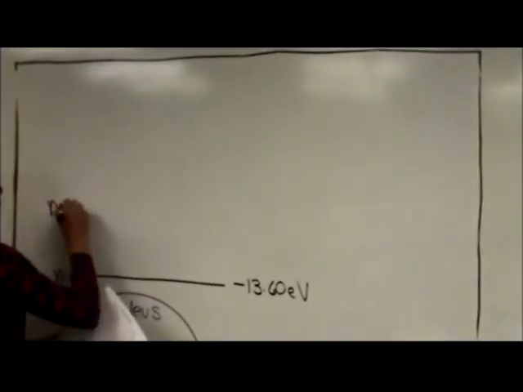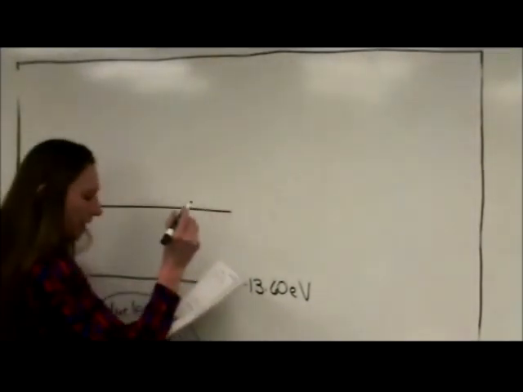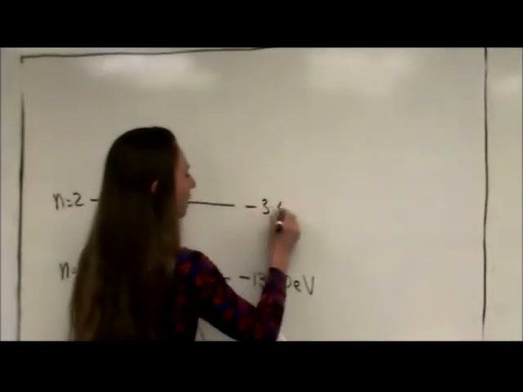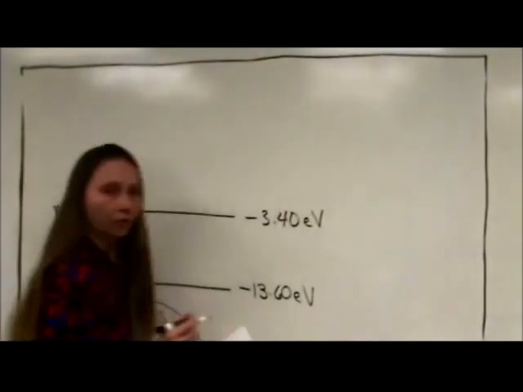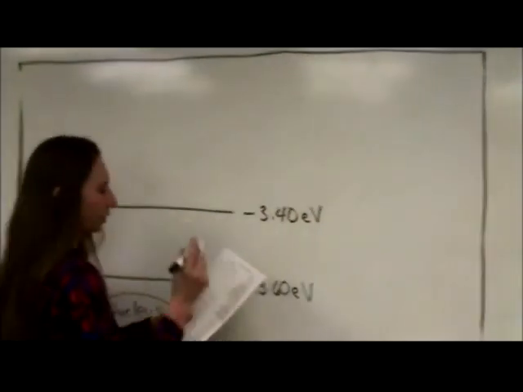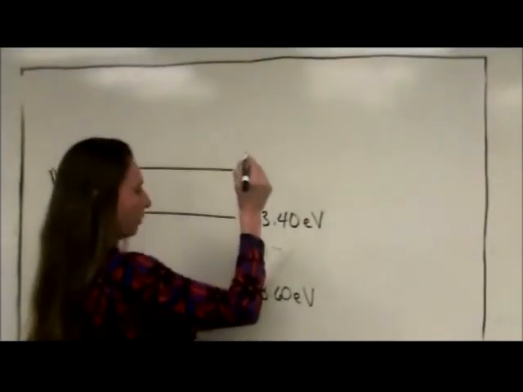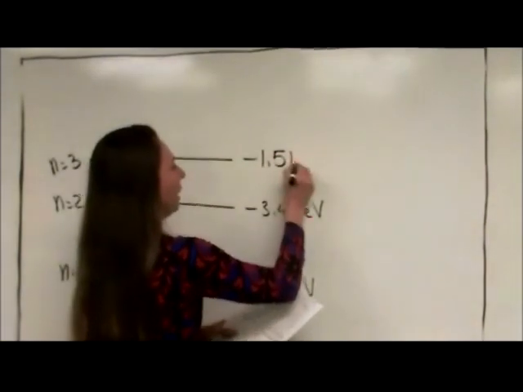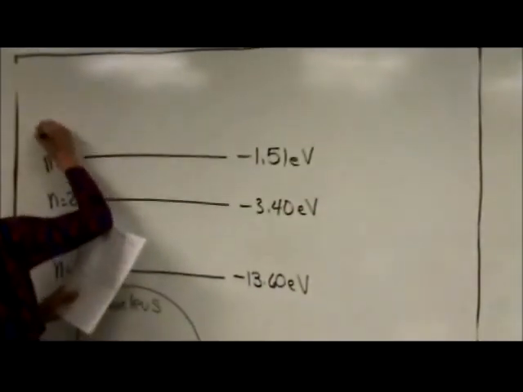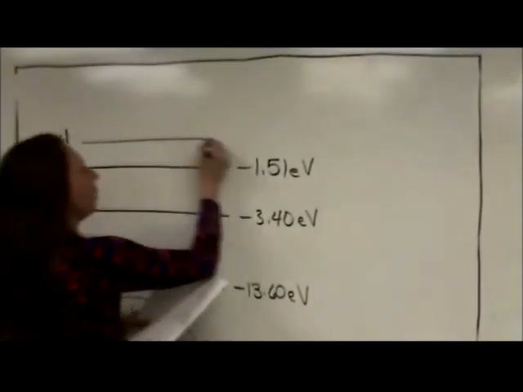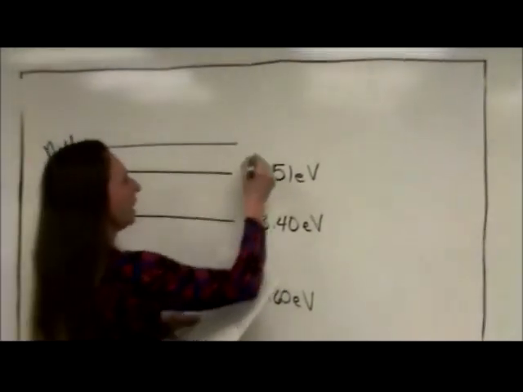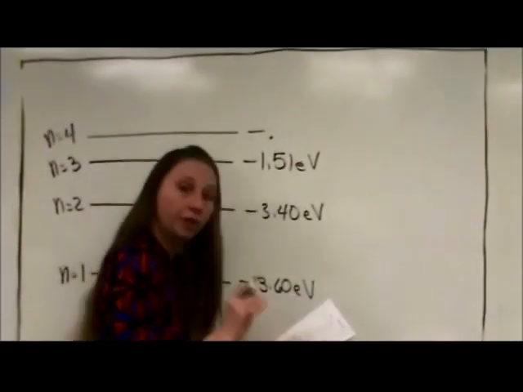For n equals 2, the amount of energy would be negative 3.4 electron volts. I'm just reading off the chart. All right, for n equals 3, it would be negative 1.51. For n equals 4, notice they're getting closer and closer together. It does get very difficult to read this chart.